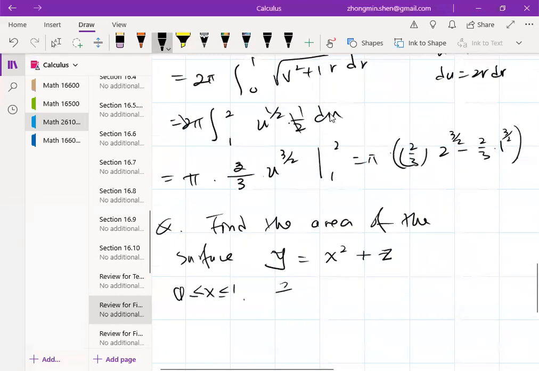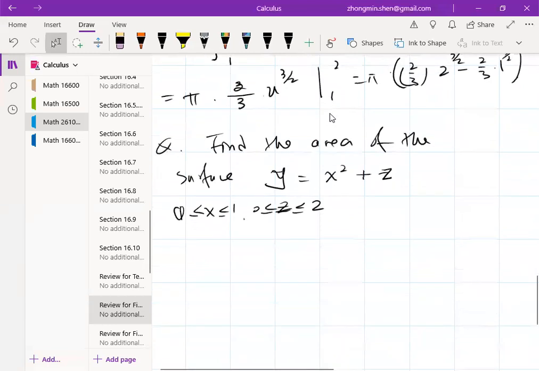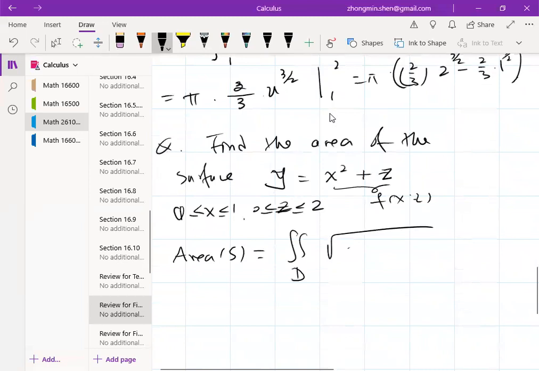Z is also between 0 and 2, just a square rectangle. So when you see this, it's a graph, but it's not like the usual graph z equals f of x, y. If you consider this one as a function of x and z, then the area of the surface, you can write down directly: the square root of fx squared plus fz squared plus 1, and then dA. dA here is dx dz instead of dx dy.